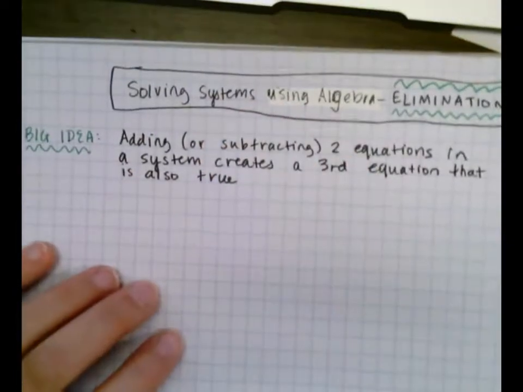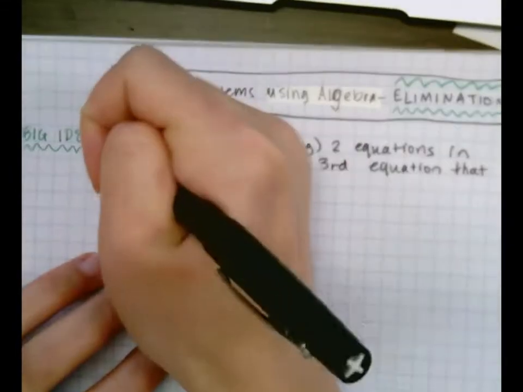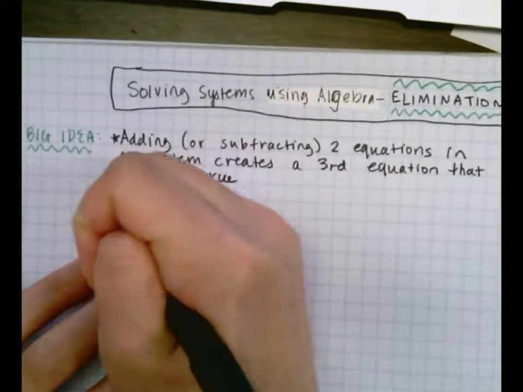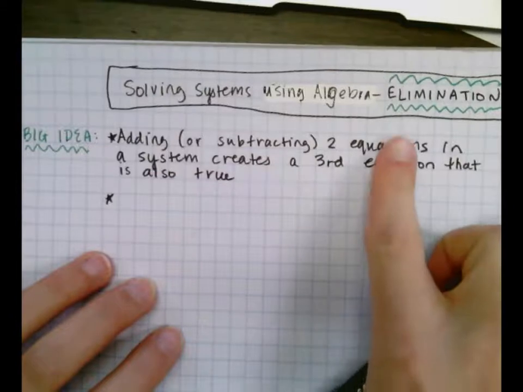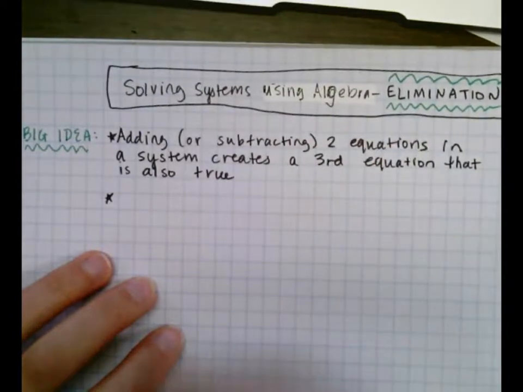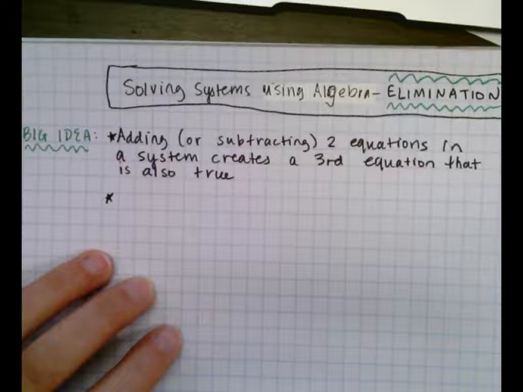And this is going to be useful to us because we're going to be looking to add or subtract the two equations so that one of our variables will be eliminated. That's why this method is called elimination. So we can use this addition or subtraction to eliminate a variable.